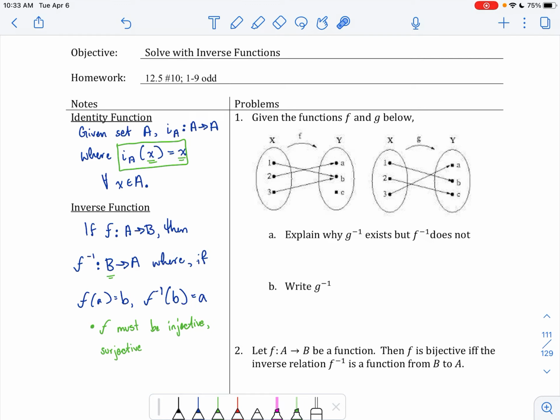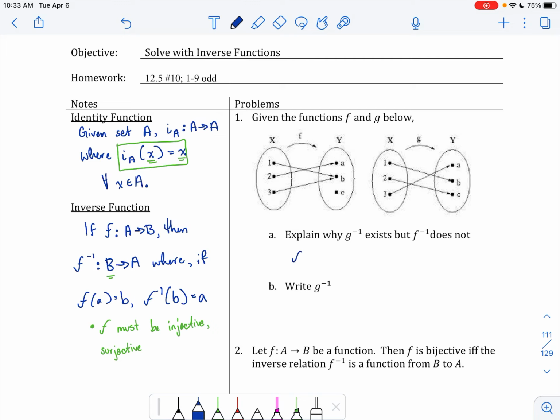So given here functions f and g below, we have our function f and we have our function g. Explain why g inverse exists, but f inverse does not. If you look at f versus g, here is where our bijectivity fails.